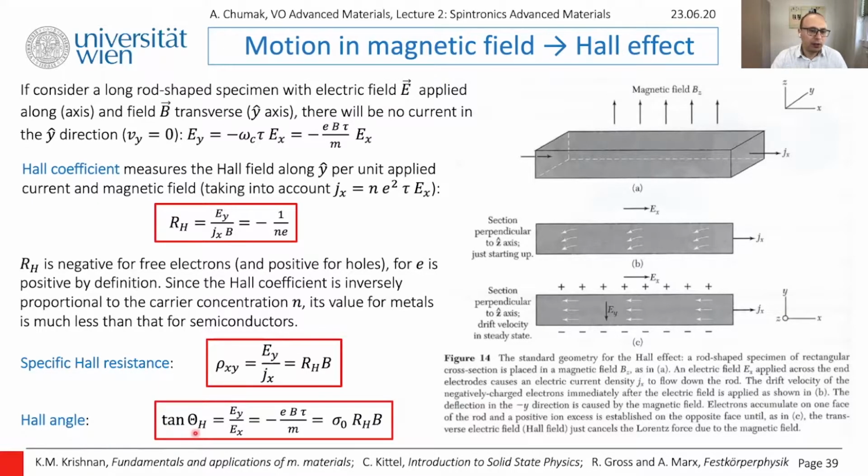The tangent of the Hall angle is equal to the ratio between the y and x components of the electric field. And you can find that the tangent of the Hall angle is proportional to the conductivity of your material, proportional to the Hall coefficient, and proportional to the applied magnetic field B. We will need the Hall angle, for example, when we speak about the spin Hall effect, because there is a spin Hall angle which also defines the efficiency of the effect.